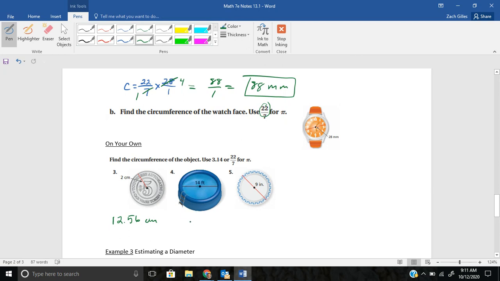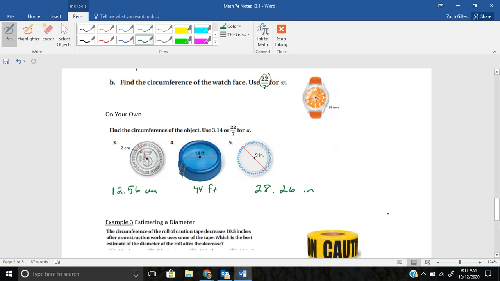For the pool, about 44 feet for the circumference. And then for the plate, about 28.26 inches. If you had questions on any of those, be sure to ask me or phone a friend or figure out what you did right there.